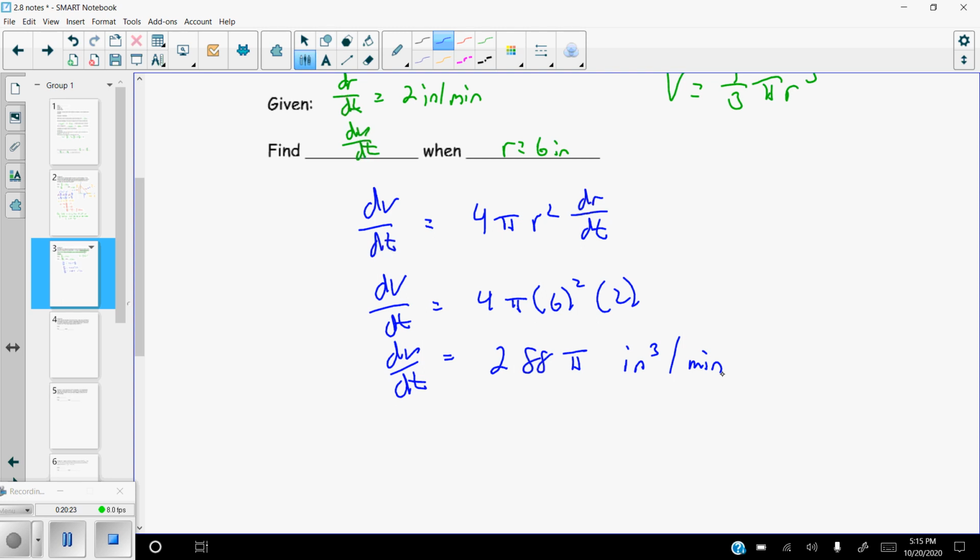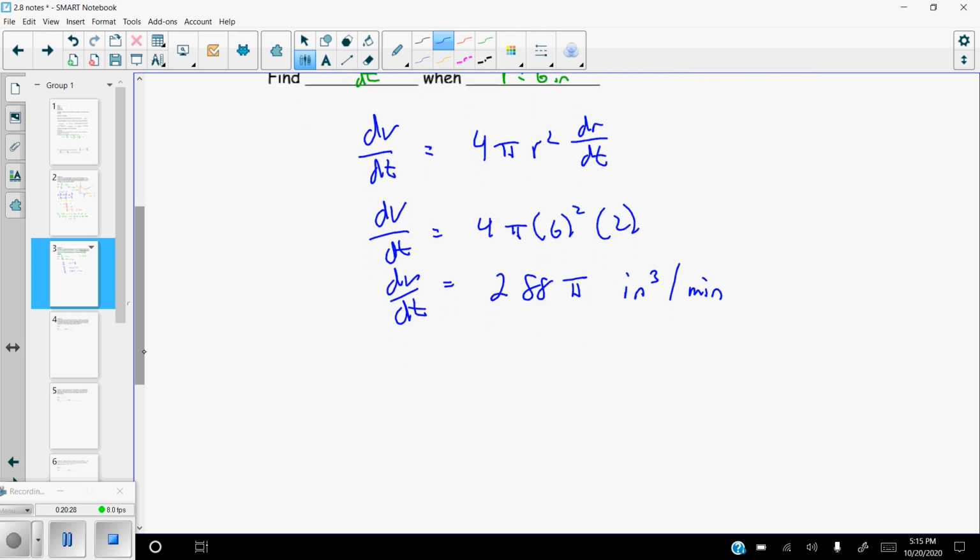And then we need to go ahead and write our statement. What is happening? The volume of the sphere is changing. Notice I didn't say increasing here.